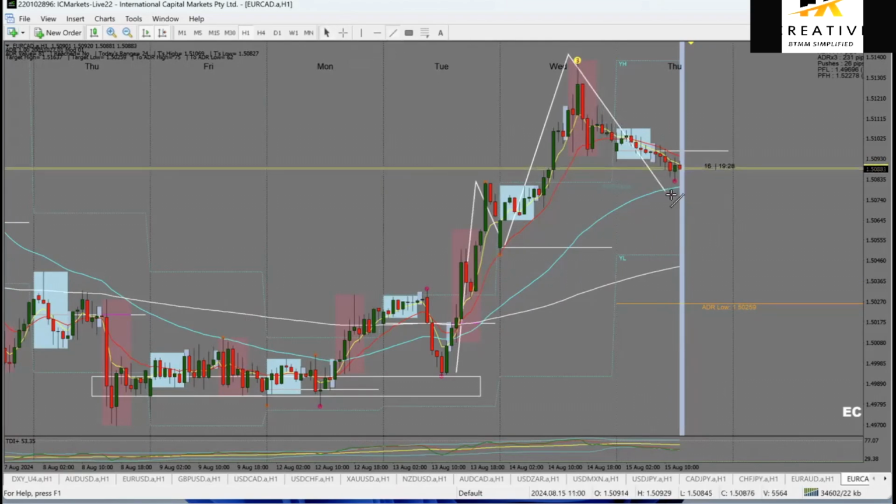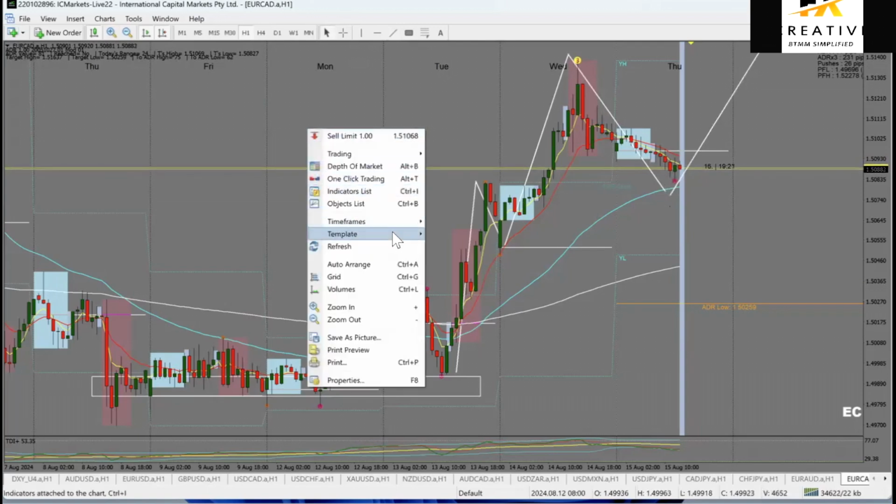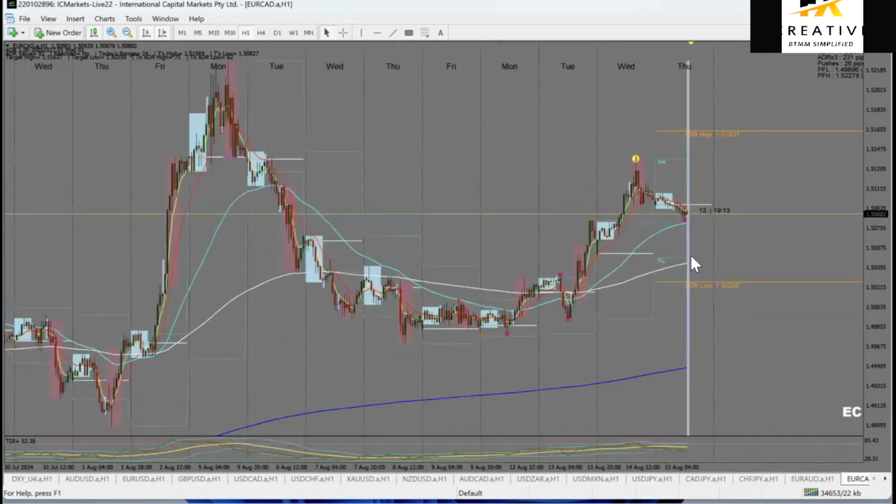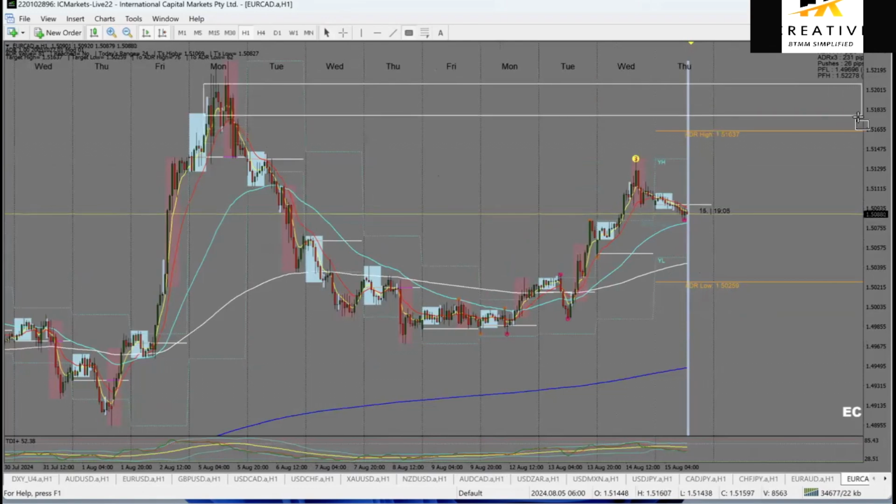Then I expect him to then move going that direction. So I expect a buy on this pair. I've already given you the direction. Now you know what you're looking for. And that buy, for me, generally I expect it to be around these areas here.